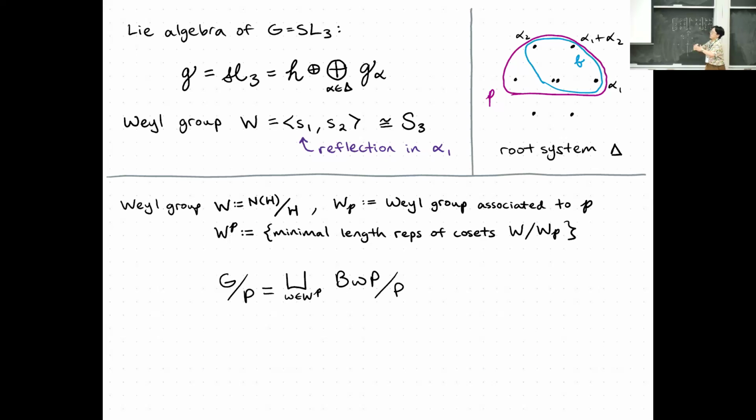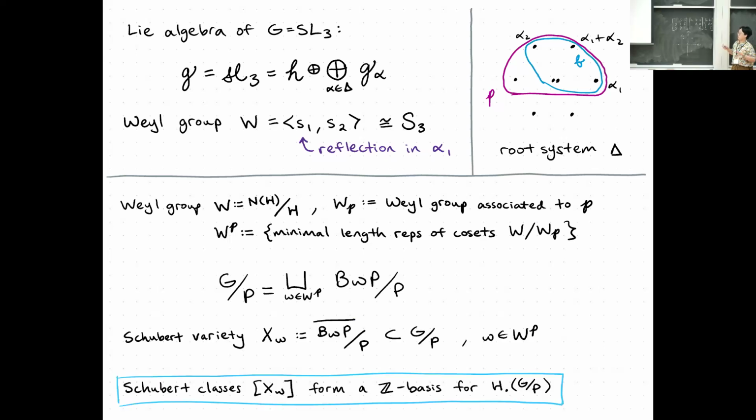So what's really nice is that these BwP mod P's are Schubert cells, and maybe the key takeaway from this part is that this gives you a cell decomposition of G mod P that's indexed by these Weyl elements.